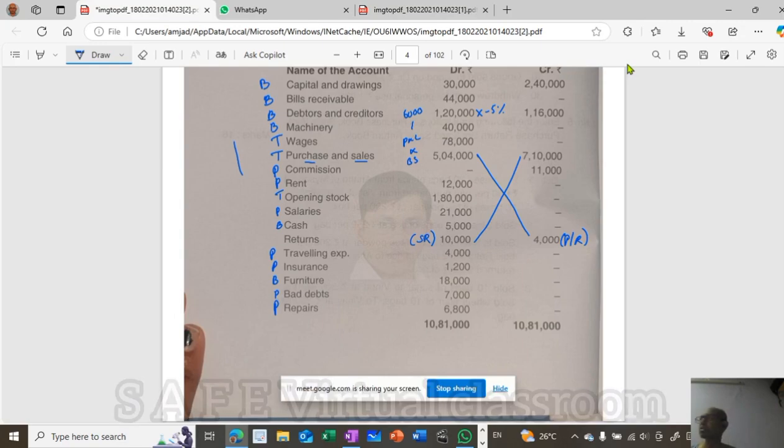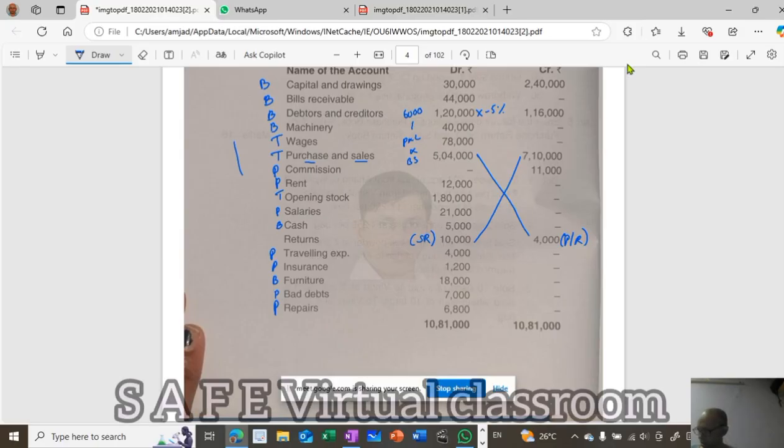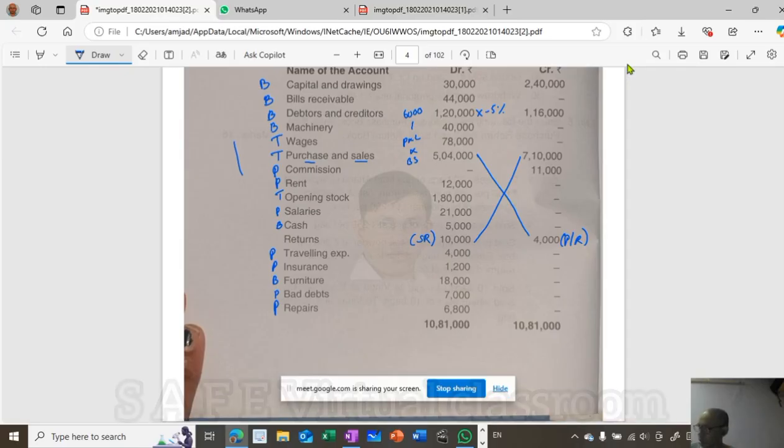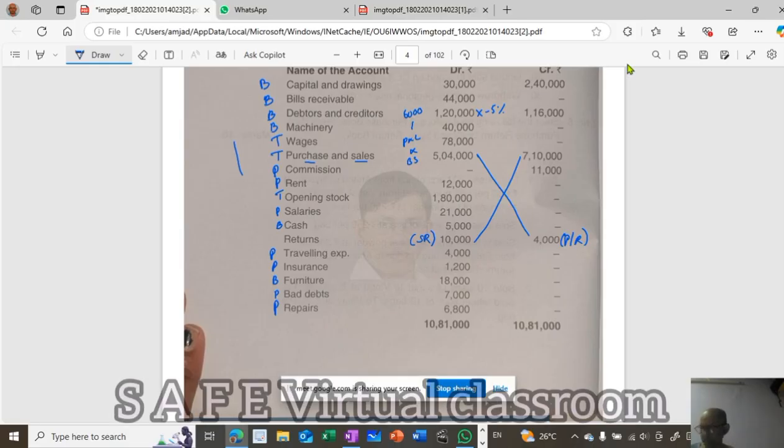One sec. 1,20,000 minus 5% is coming as 1,14,000. Yes, that is correct.